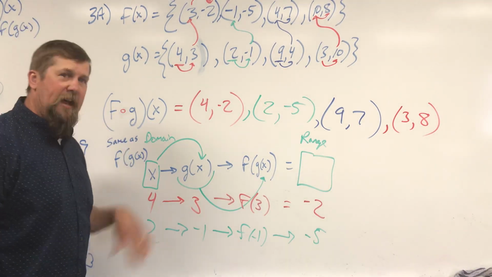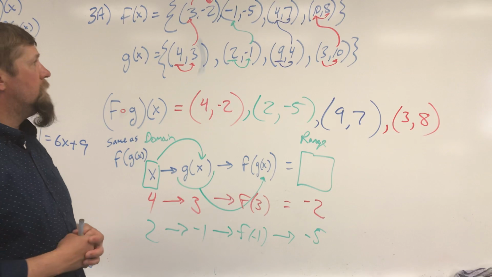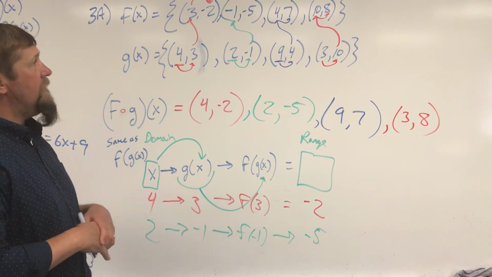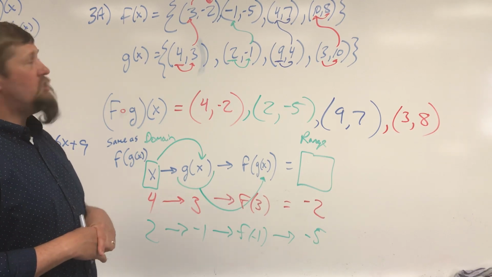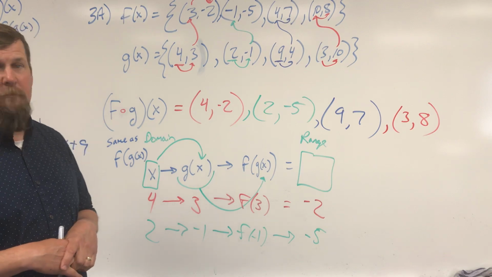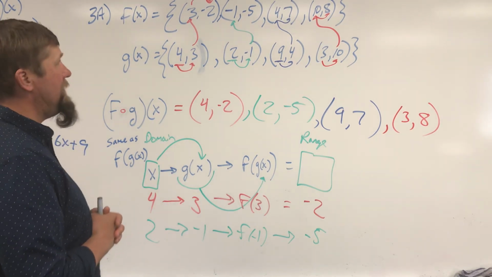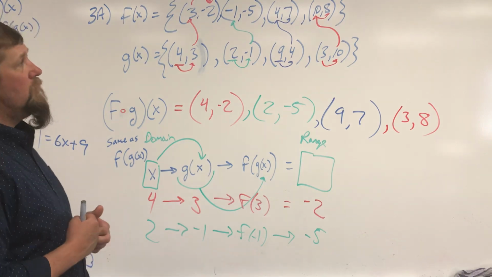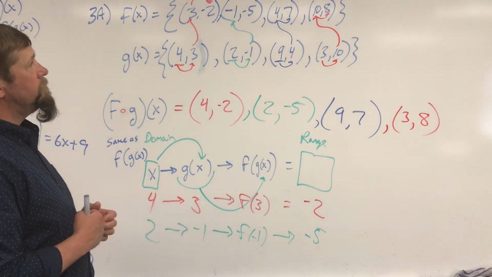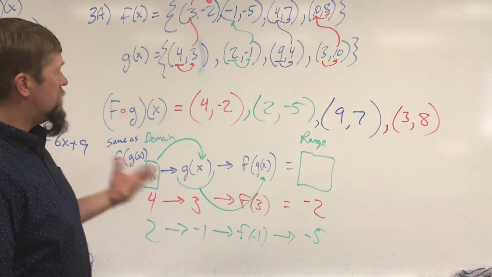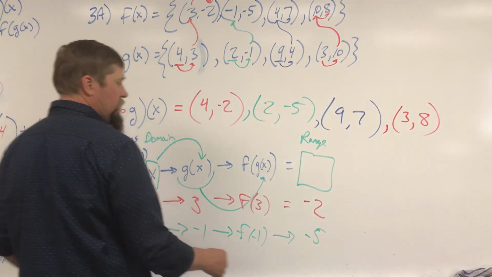Now that was f of g of x. If we tried to do g of f of x, nothing may work. There might not be any ties. For example, let's just do this first one here.